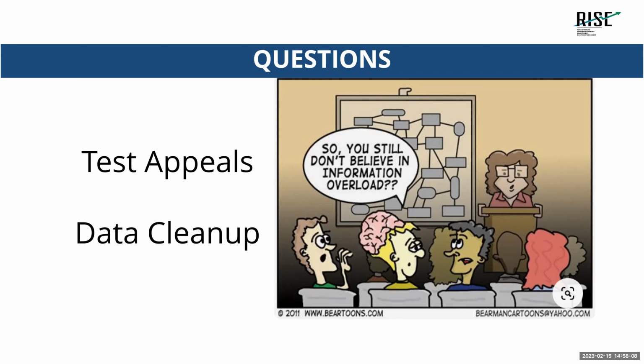The one thing I'll add that I typed in the chat and it kind of disappeared, when it comes to test appeals: at the beginning of the testing window, looking at test appeals weekly is probably sufficient. But I would start making that part of your daily routine when you come in, like how some people check to see who's still left to test.